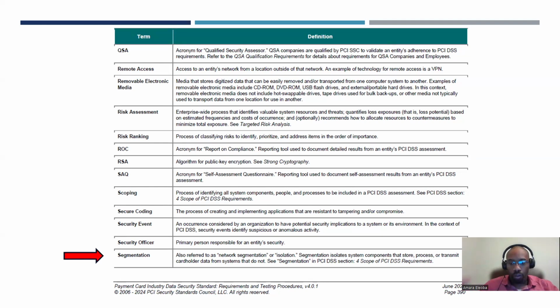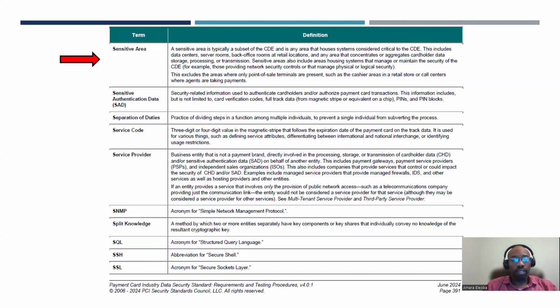Because if not, all the systems, all the environment will be in scope if you don't have segmentation.